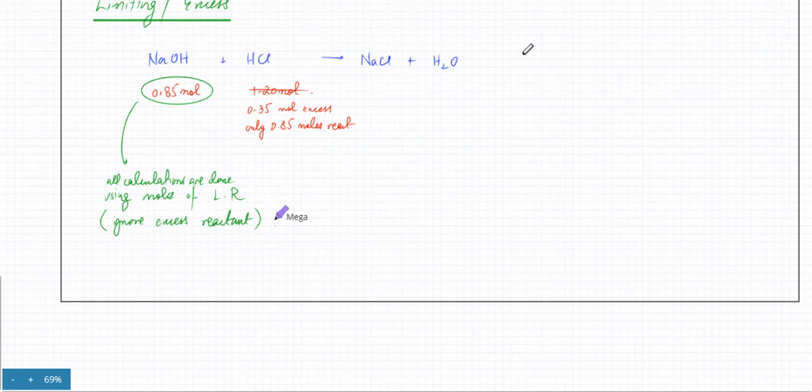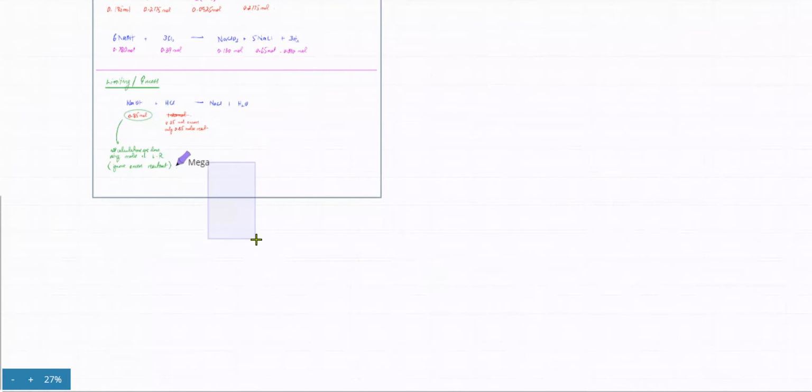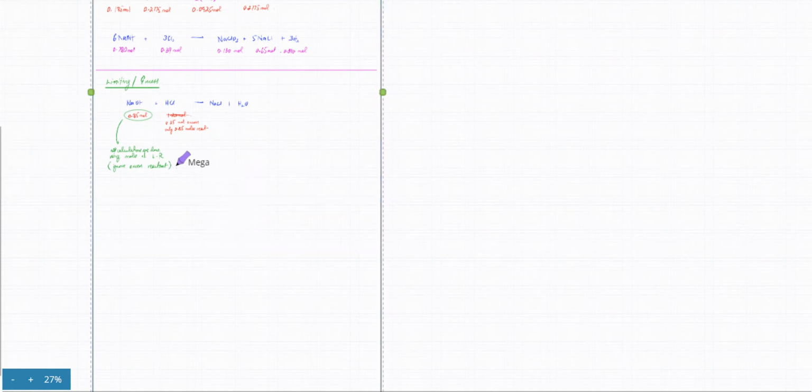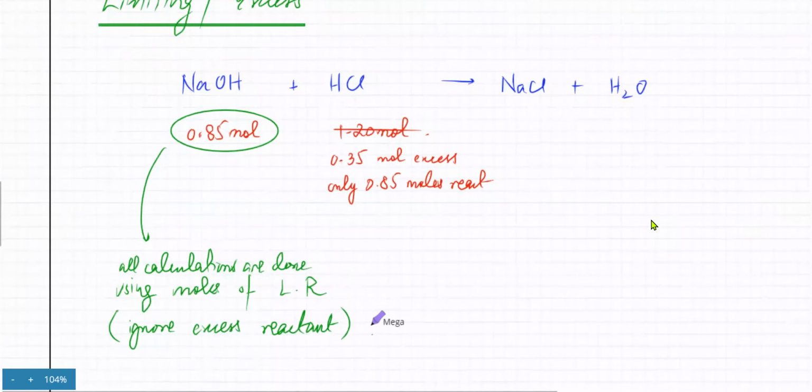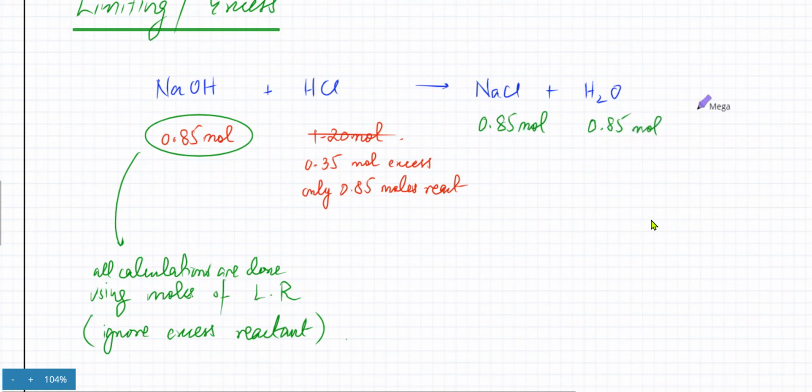So how many moles of NaCl and H2O would you have? 0.85 moles. Exactly. So this would be 0.85 moles, and this would also be 0.85 moles.